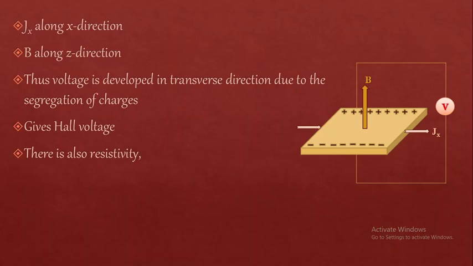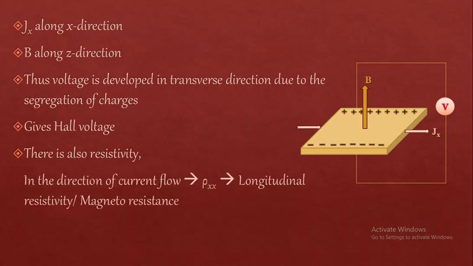So based on this phenomena, there is also resistivity in the direction of the flowing current, that is along Jx, and I am going to represent it as rho xx. This is the resistivity in the direction of current flow, and current flow is along x direction, and this rho xx is generally called longitudinal resistivity or also called magnetoresistance.